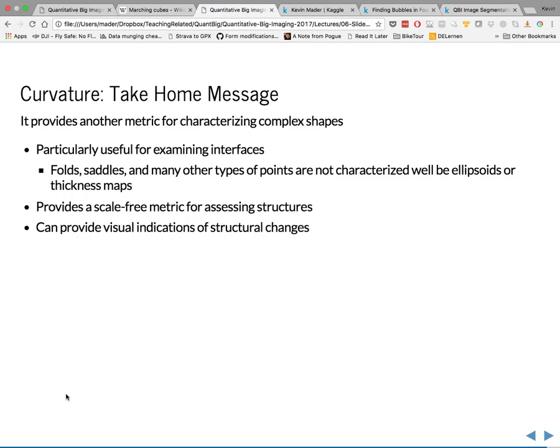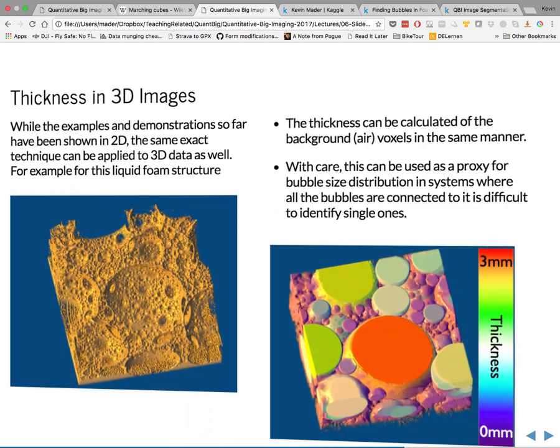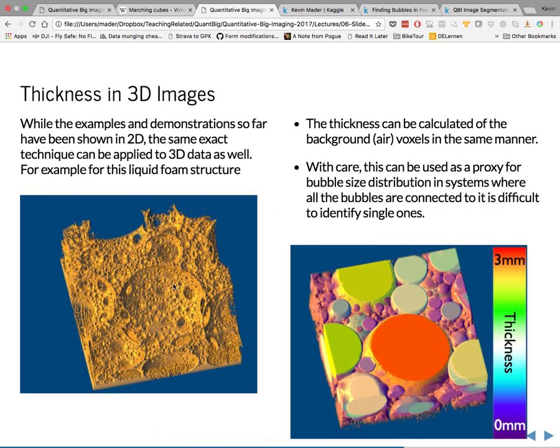And so if we look at that foam example we had before, if you were to calculate the curvature on this structure, it would be almost completely meaningless. You would just have high, spiky values all over the place. You couldn't do anything with that at all. And so if you have very nice looking data, you can use tools like curvature to tell you something more about it.